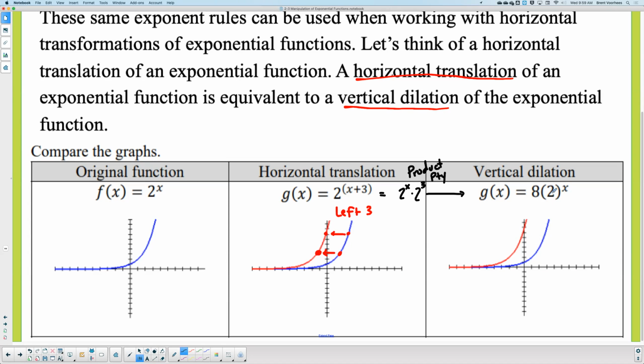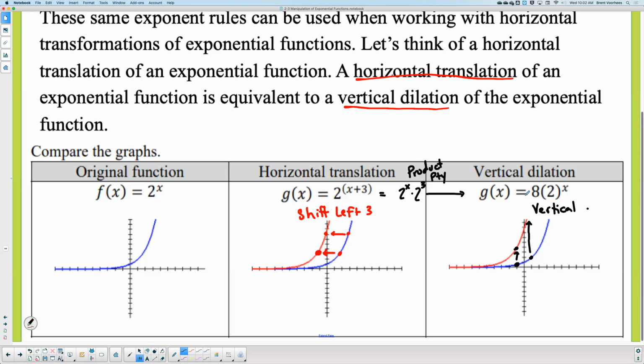And so you get the same graph. But what's different this time is now every single y value has been multiplied by 8. So it's a vertical dilation. I should have said shift earlier. That was a shift left 3.